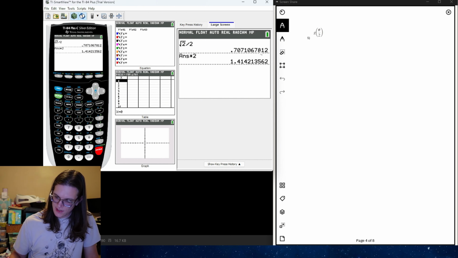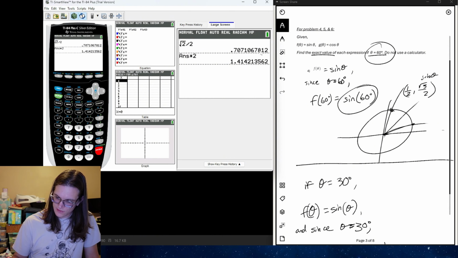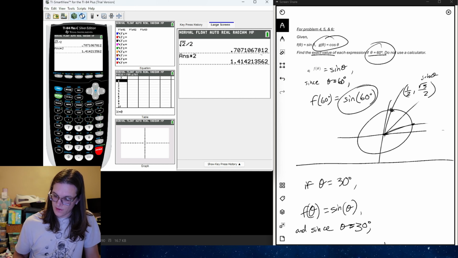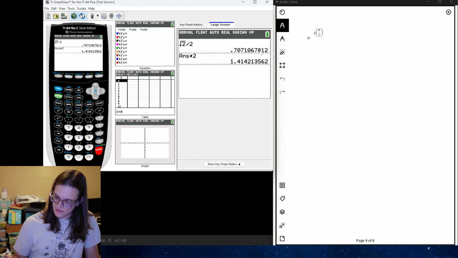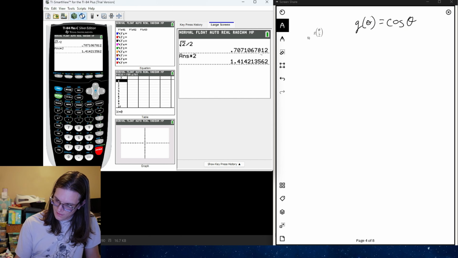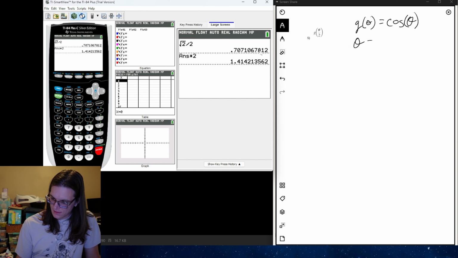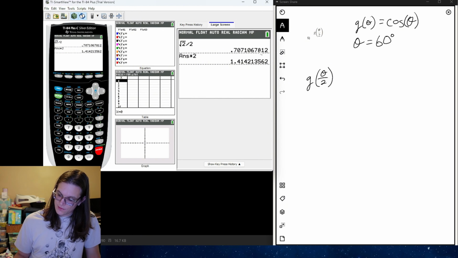All right, so then we'll do g. It wants g of theta over 2. We're still assuming this to be theta equals 60 degrees. g of theta is the function cosine of theta. So g of theta equals cosine of theta. And theta is equal to 60 degrees. So these are our givens. And g of theta over 2, well, we have a function called g, and we're performing that function on theta over 2.